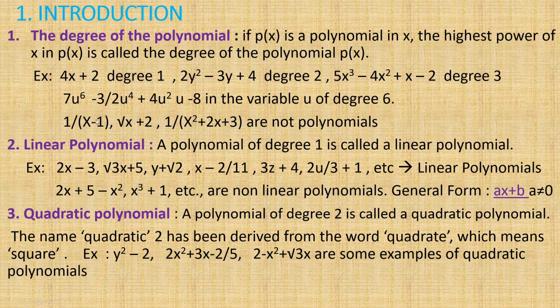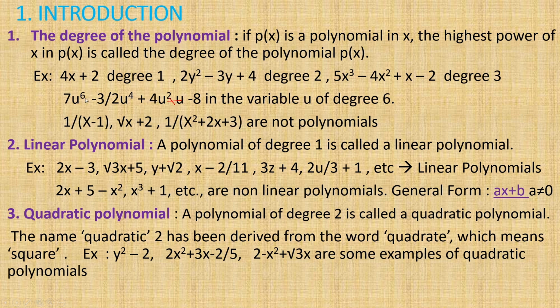Okay, and here you see 7u square minus 3 by 2 u power 4 plus 4u square plus u minus 8. Here the plus is missing, plus u minus 8. Okay, this is also one polynomial.